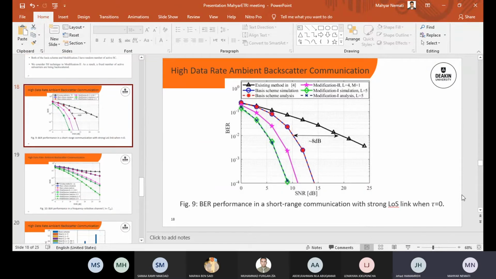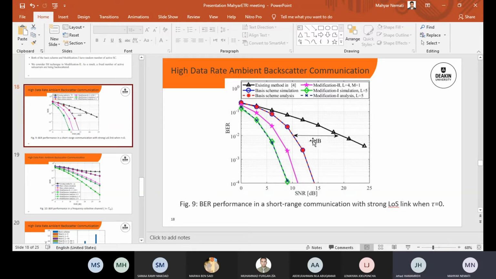So here there is a simulation of the bit error rate performance of these new techniques using the whole subcarriers of the OFDM signal. You can see that compared to the existing or conventional method, we can gain around 8 dB SNR gain, which is huge.